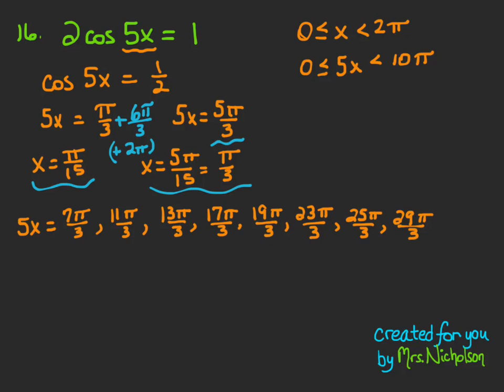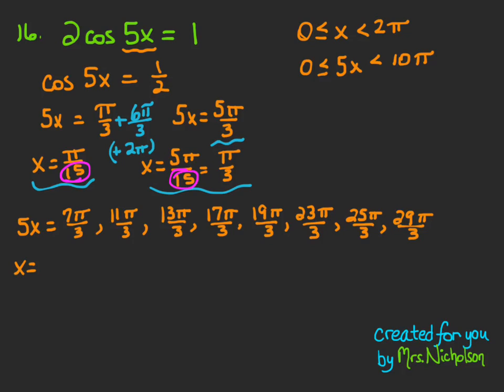I need to solve for x, and so I need to divide all these angles by 5, but notice what happened in the first one when we divided by 5. It just changed my denominator to be 15, and the same thing happened for 5 pi over 3, except the 15 did reduce back to 3, but originally when we divided by 5, we had a denominator of 15. And so that's what's going to happen for these.